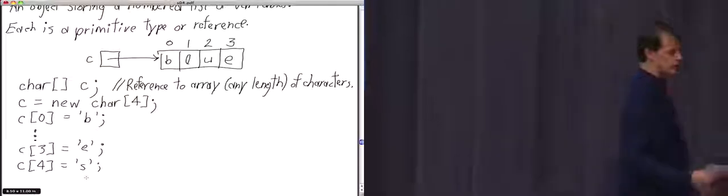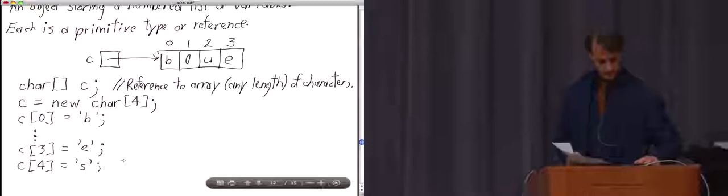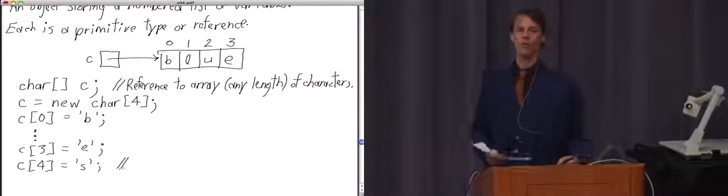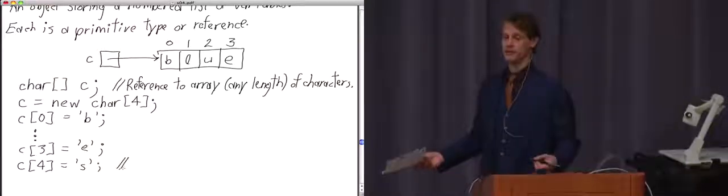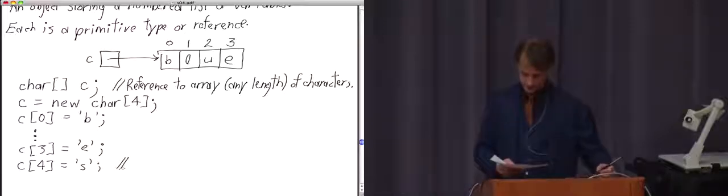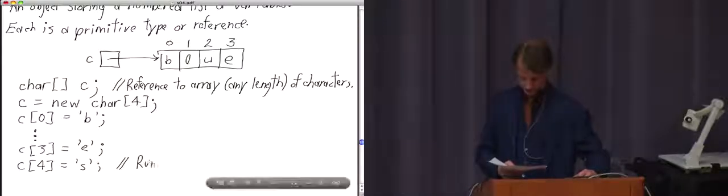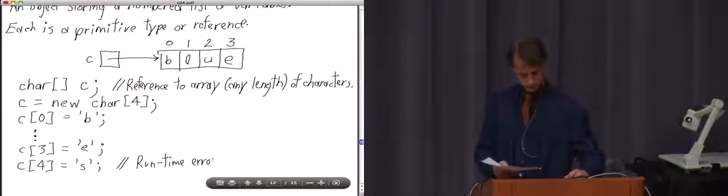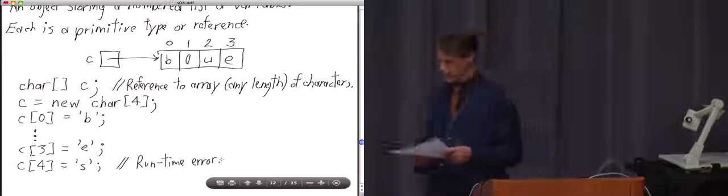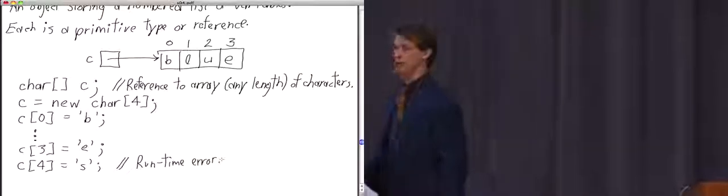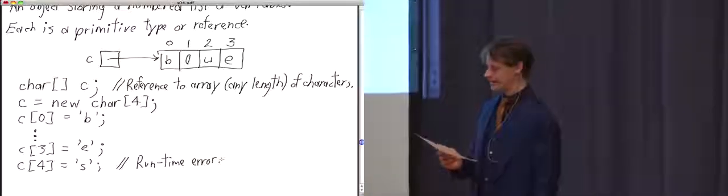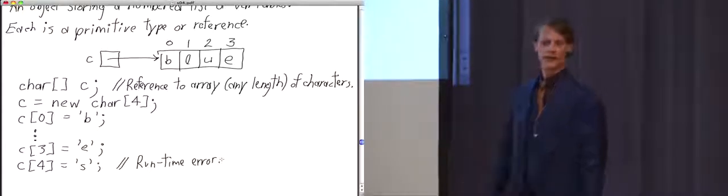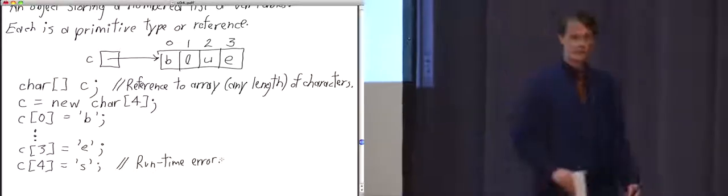So when you're actually running your program and you try to reference index 4 of an array whose indices are 0 through 3, then it barfs. And you get what's called a runtime error. To be precise, the runtime error you get is called an ArrayIndexOutOfBoundsException, and that's one word in Java.